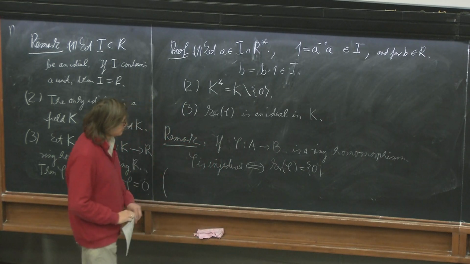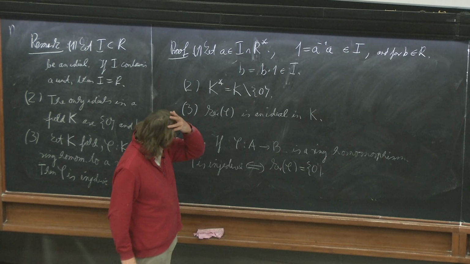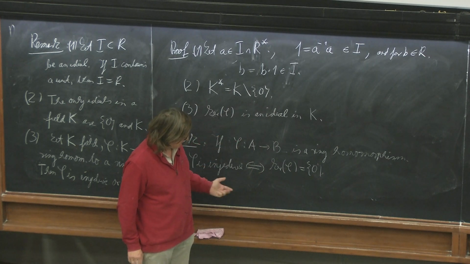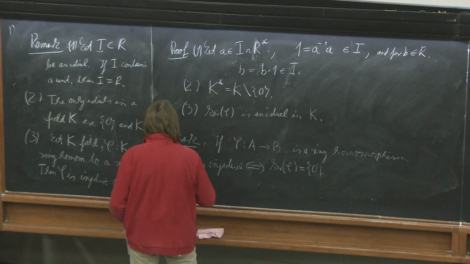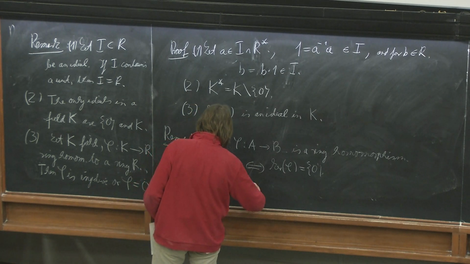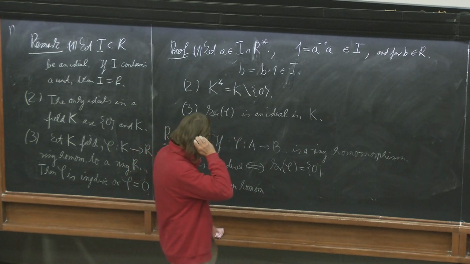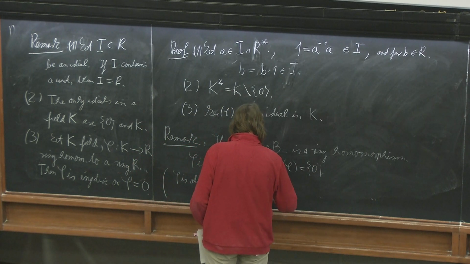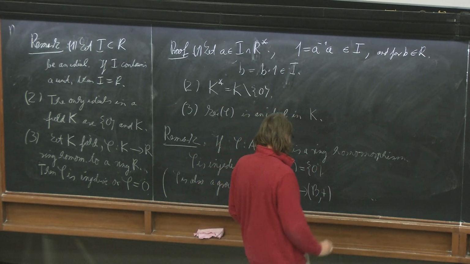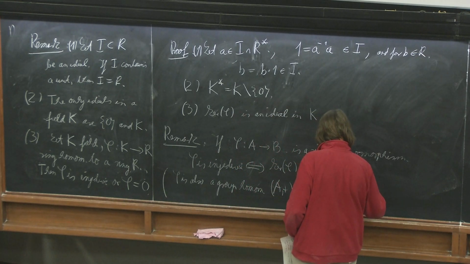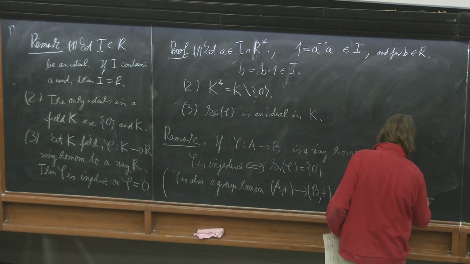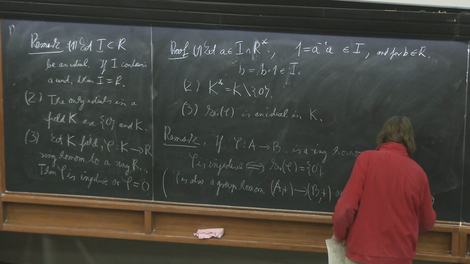Here, because if you have a ring homomorphism, it's also a group homomorphism of A with plus to B with plus, and we know that that is injective if and only if the kernel of phi is 0.